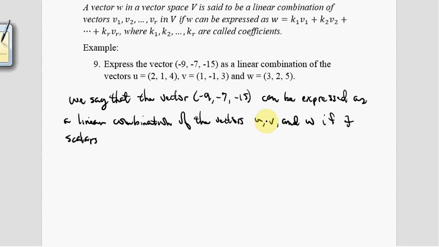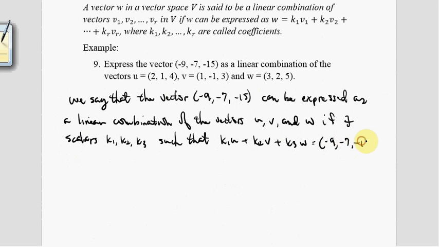I have 3 vectors, U, V, and W, so I have 3 scalars that correspond to them. Scalars K1, K2, and K3, such that K1 times U plus K2 times V plus K3 times W is equal to this vector here, (-9, -7, -15).